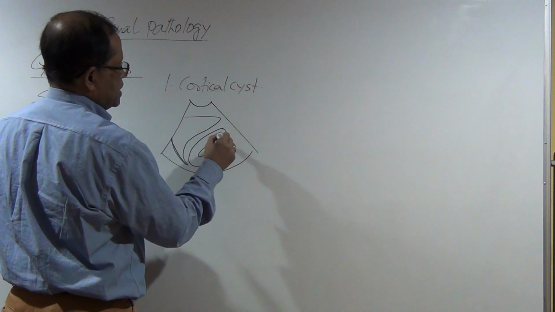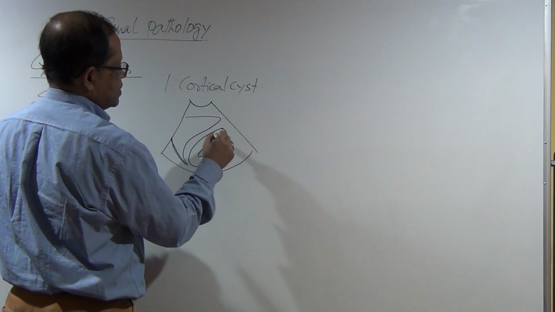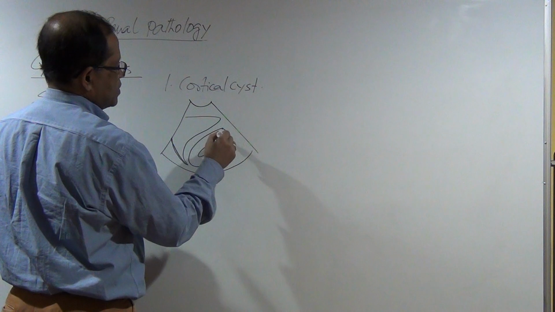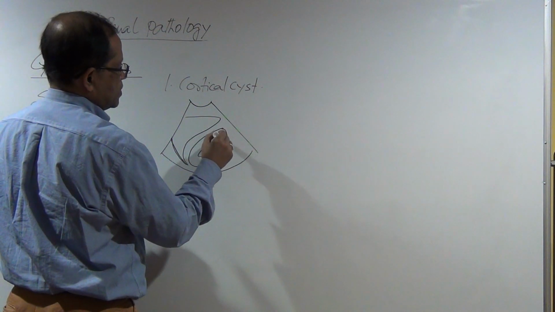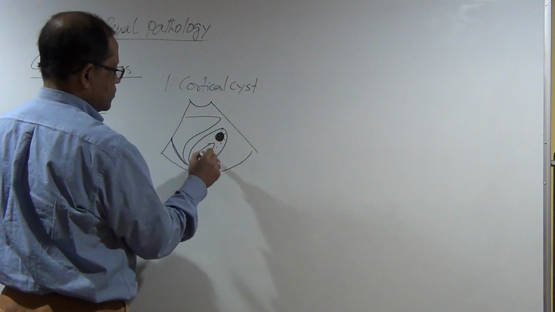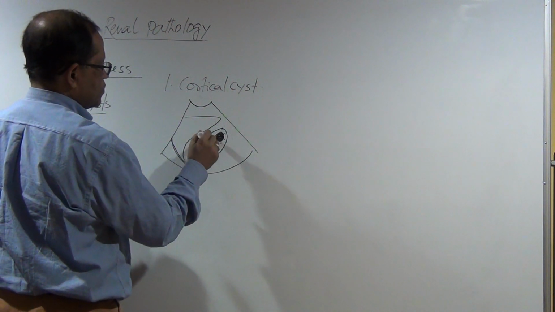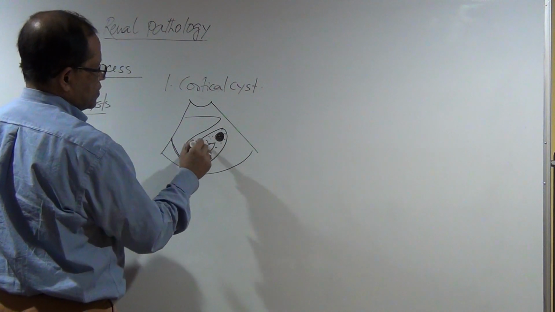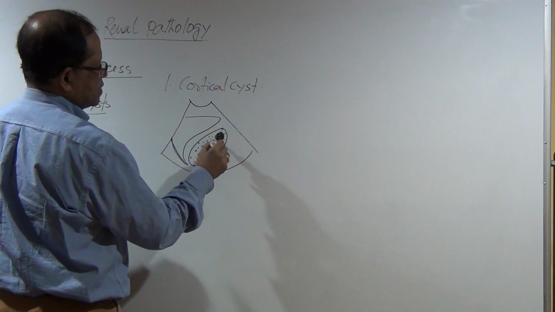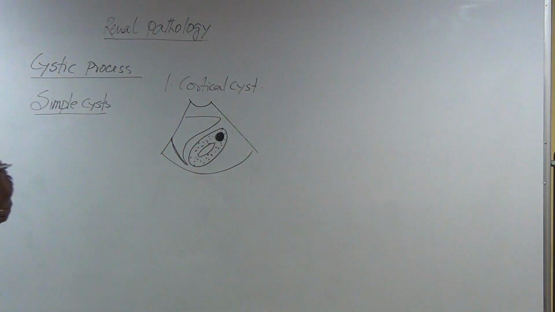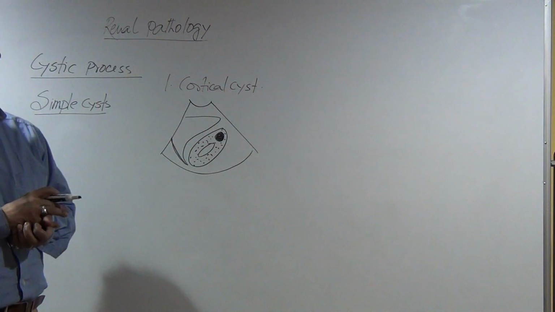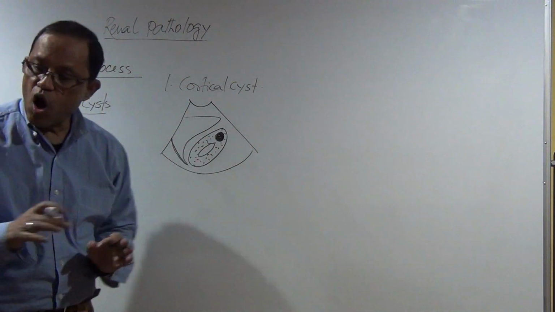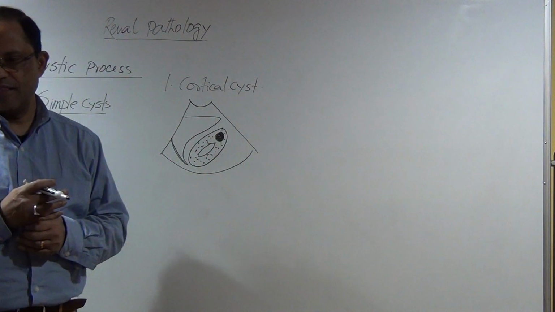And if you see a cyst in the cortex, usually it is 1 or 2 cysts, and it is not bilateral.